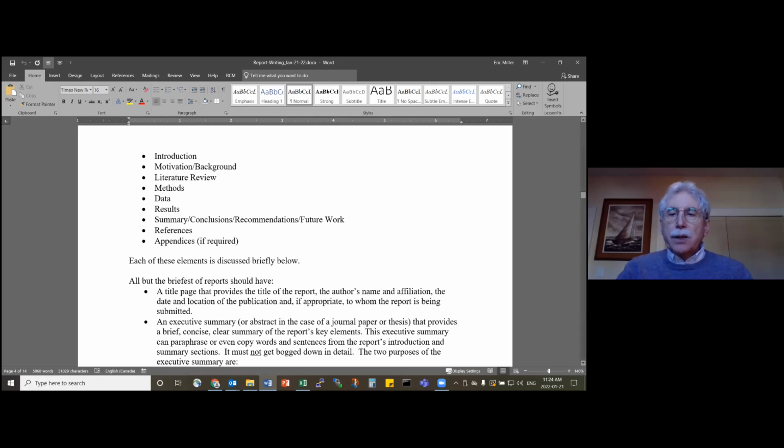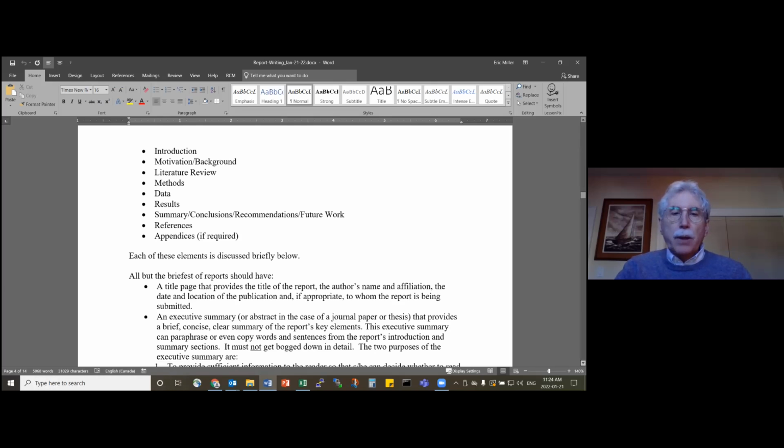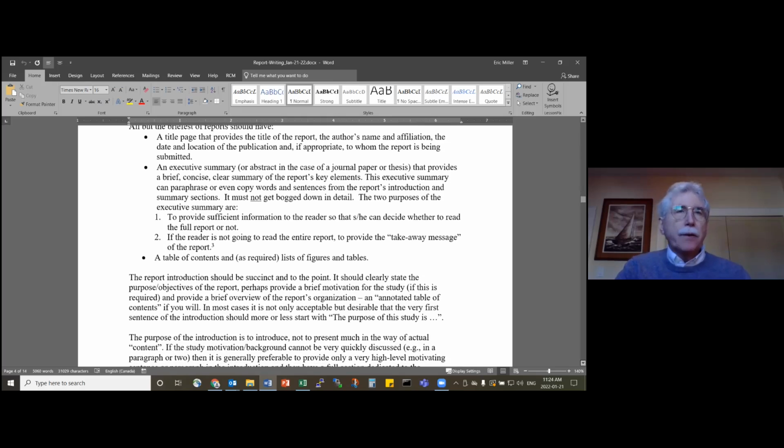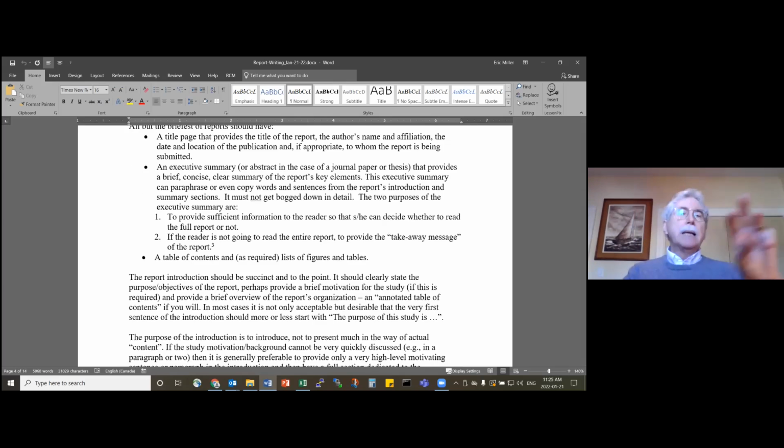So again, if we go through these various components: title page, if appropriate. Technical reports generally will have an executive summary. Theses and journal papers will have an abstract. It's the same thing. It's a very brief, very concise summary up front, telling the reader what this report or paper is about, and it's very important for many reasons.